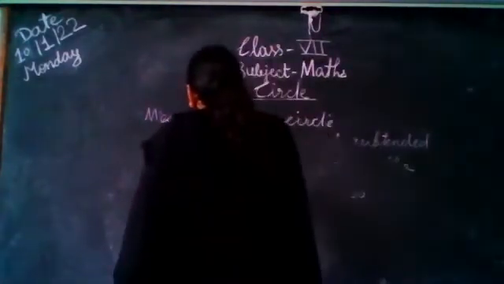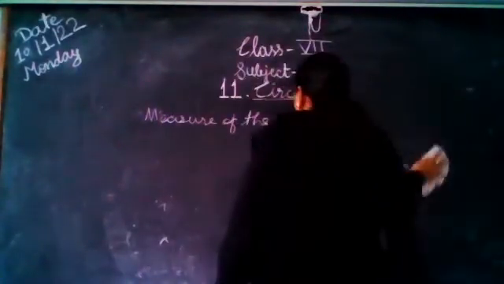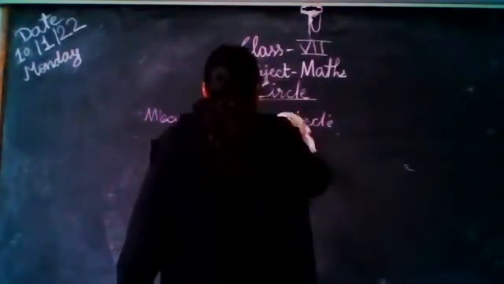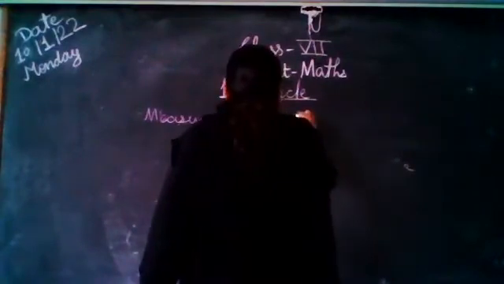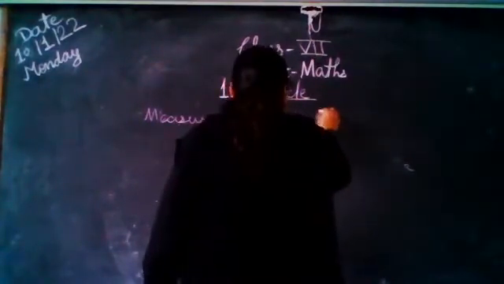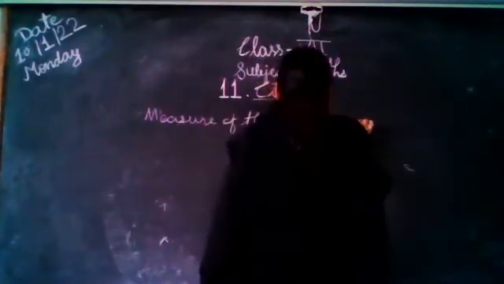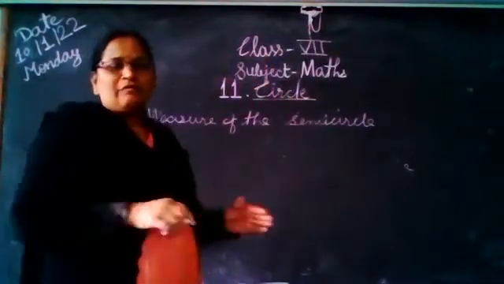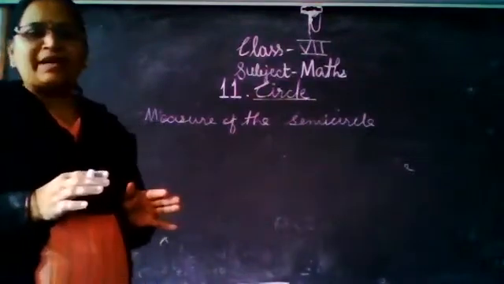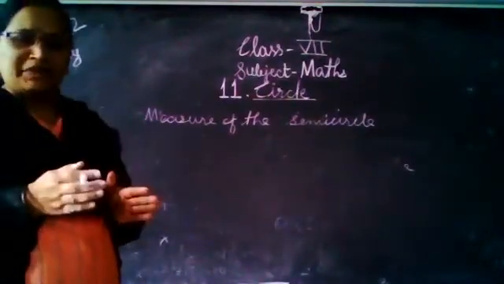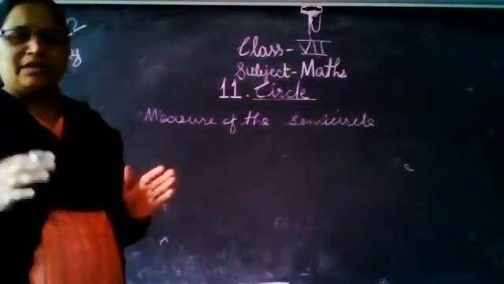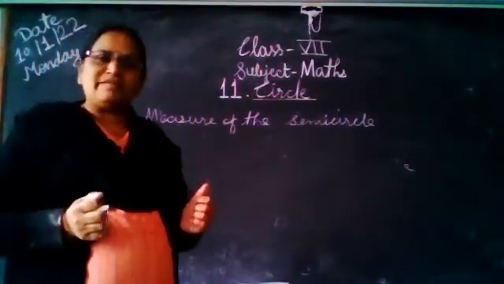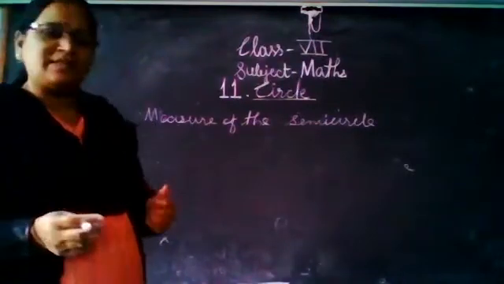Now semicircle. What is a semicircle? When a circle is divided by the diameter, it divides into two equal halves and each half is known as a semicircle.